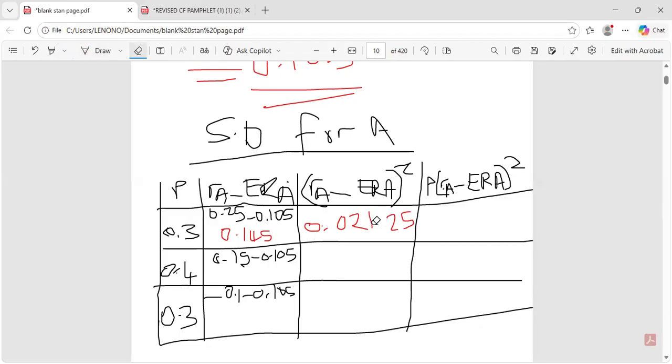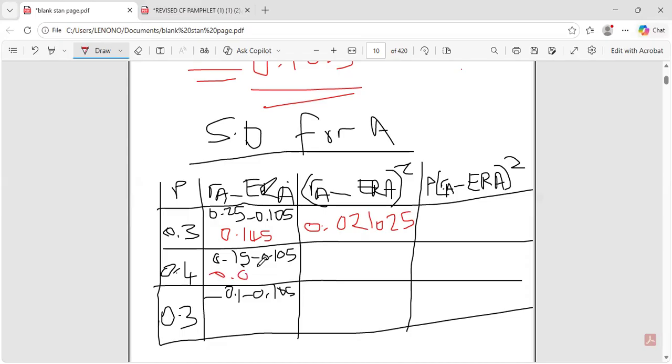Right, so this is what goes on. This other one gives us 0.15 minus 0.105, which is 0.045. When you square it, you get 0.002025.